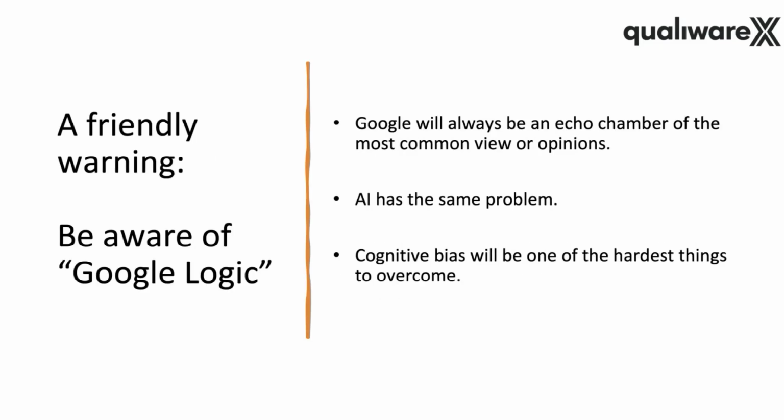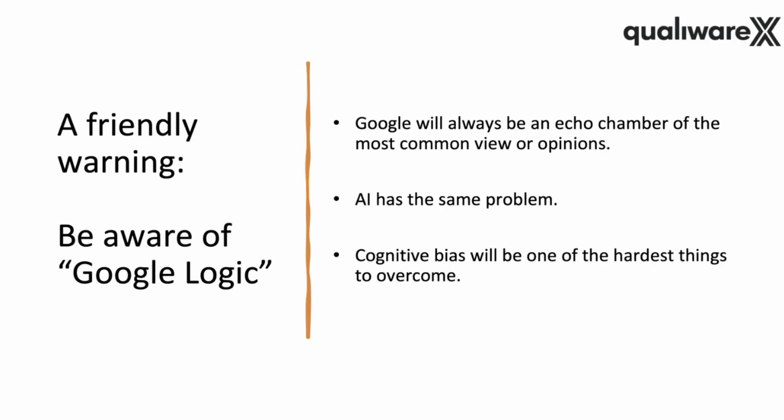Just at the end here, I have a little warning when you start to dig into this. I don't know if you've heard it referred to as Google logic, right? Remember, when you use Google to look for solutions to problems and opinions, Google tends to be an echo chamber, right?